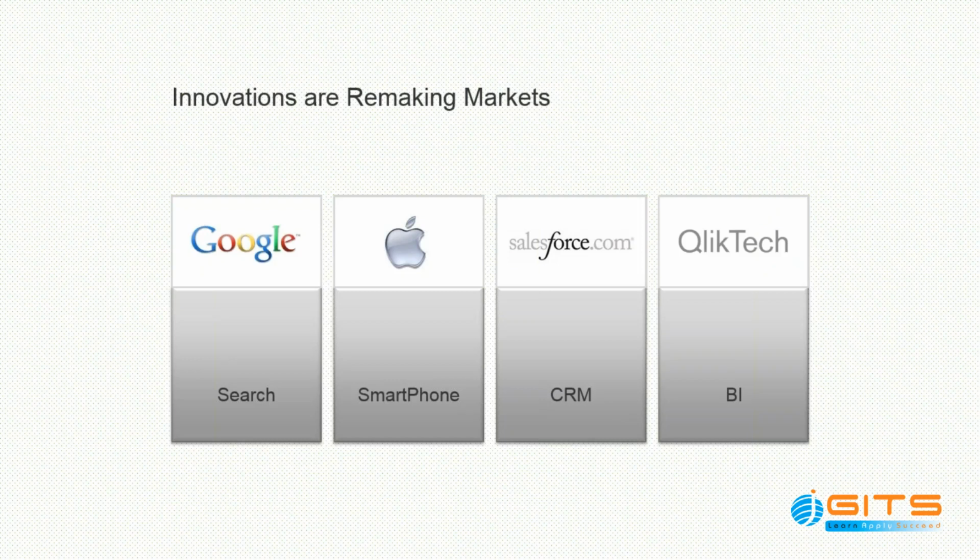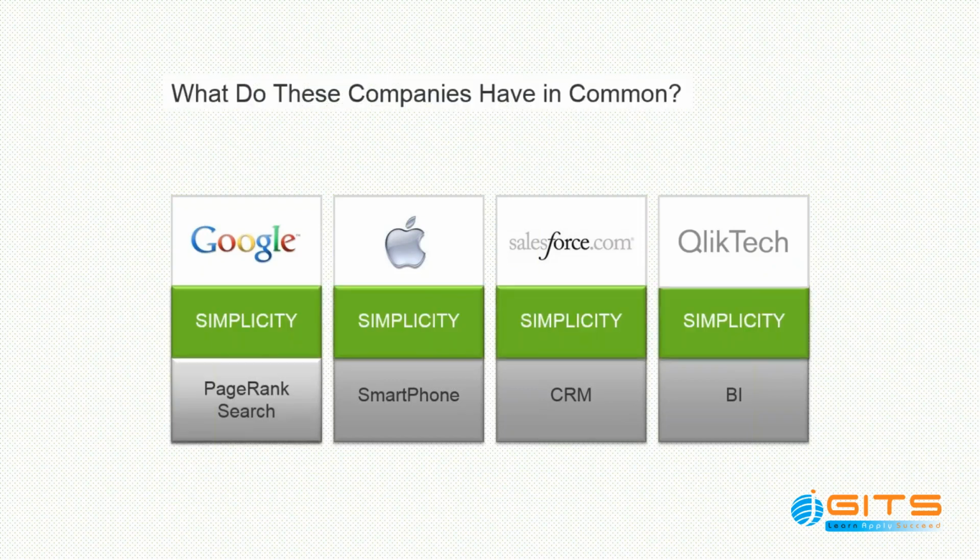What is common between all of these organizations? Simplicity. Simplicity is one factor which has driven the market so tremendously and made such drastic changes. Google now owns page rank search because of the simple interface that it provides. iPhone, as we all know, is the leader in the smartphone area now.